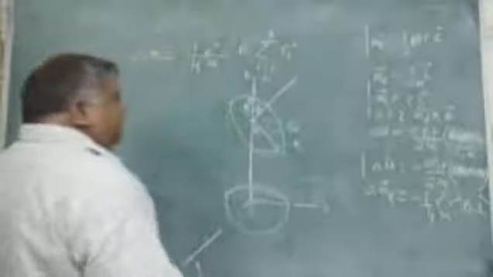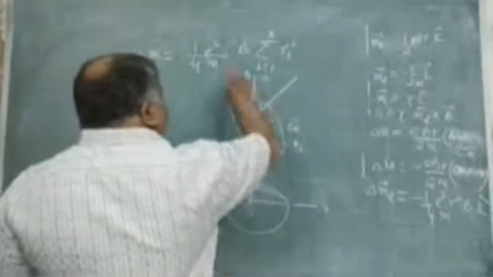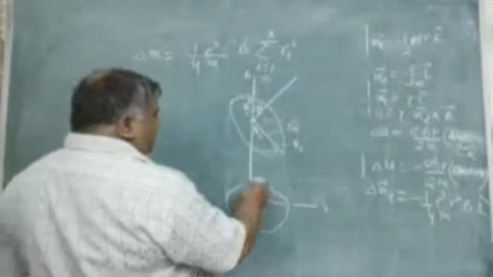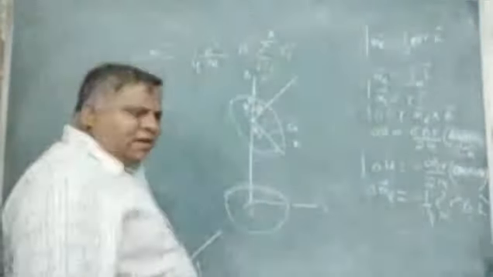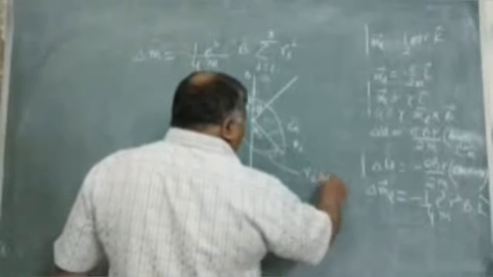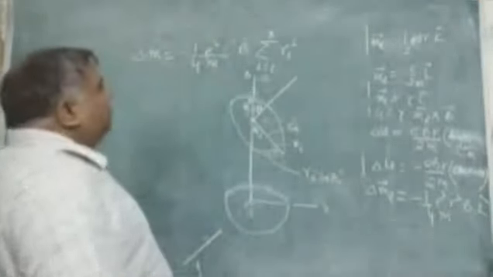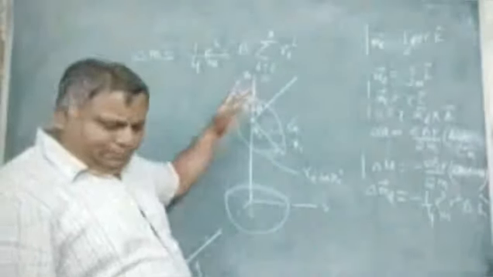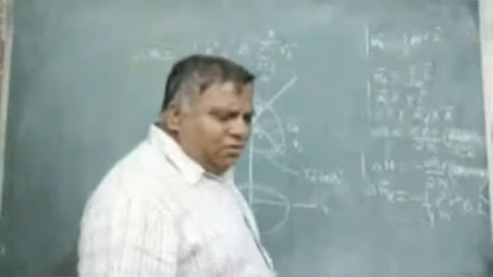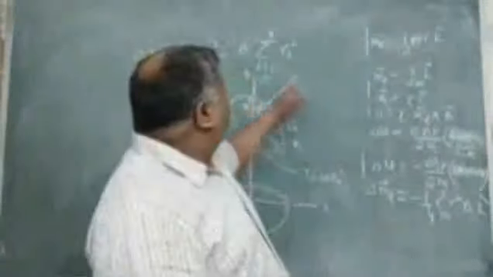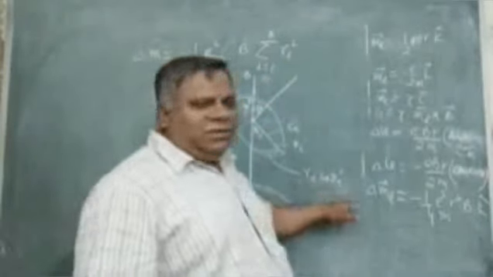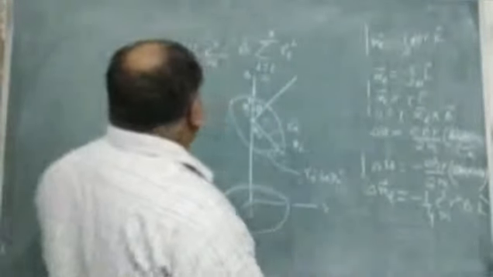For the ith orbit it is theta i. So the radius of this projected circle is Ri cos theta. So in the general situation, we must replace this Ri by Ri cos theta.